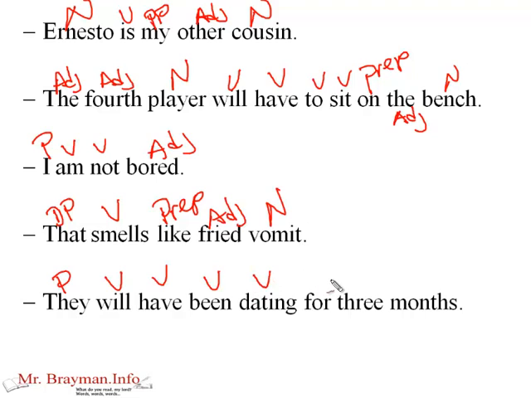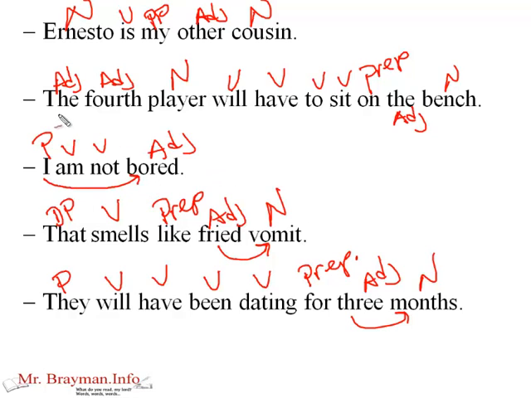Here's a gerund verb. That's what they've been doing. There's a preposition. Again, we'll get to those later. Here's a noun. There's my adjective. That modifies months, right? It also helps too to draw those arrows between the adjective and what it modifies.